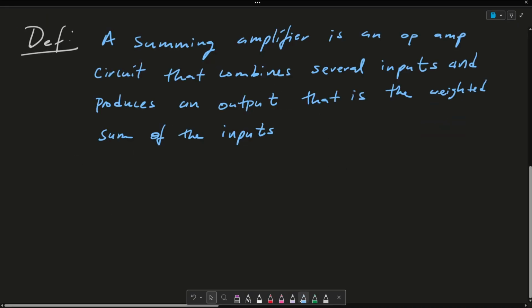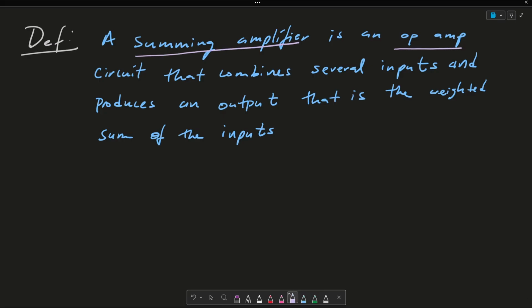The definition says that a summing amplifier is an op-amp circuit that combines several inputs and produces an output that is the weighted sum of the inputs. Some quick examples, which I'm not going to go into too much detail on, are things like an audio mixer.